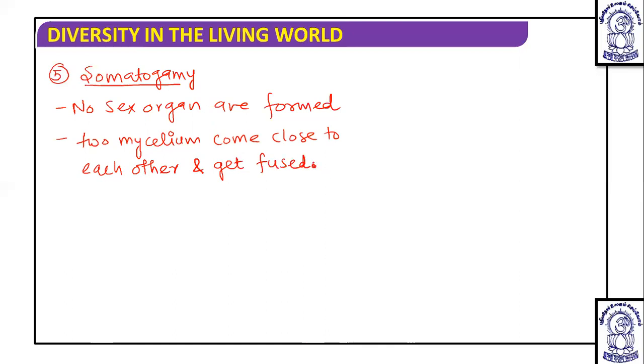So in this way, the ultimate fusion occurs, that is known as somatogamy. So these are all the types of plasmogamy that occur during sexual reproduction that have been discussed. Now we will take this term again during the classification. Okay.